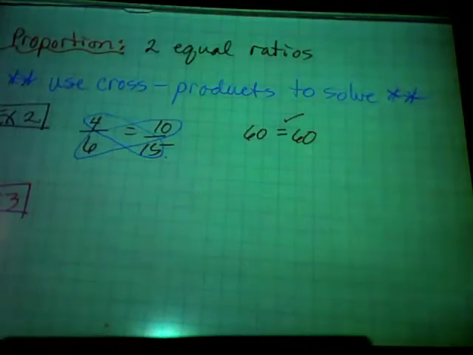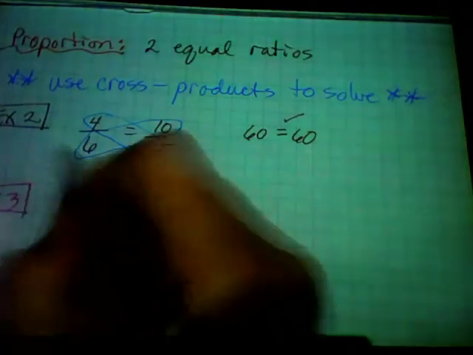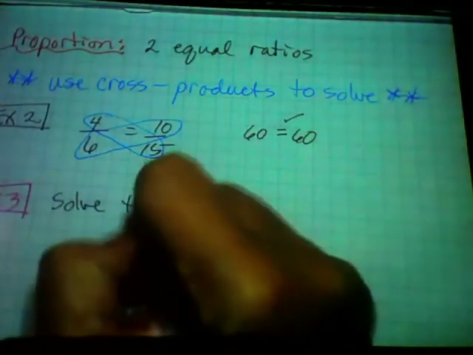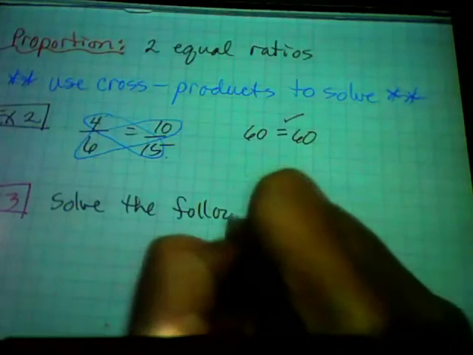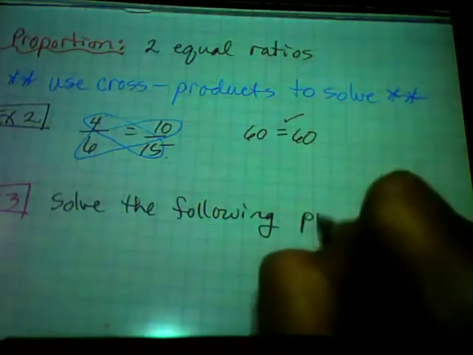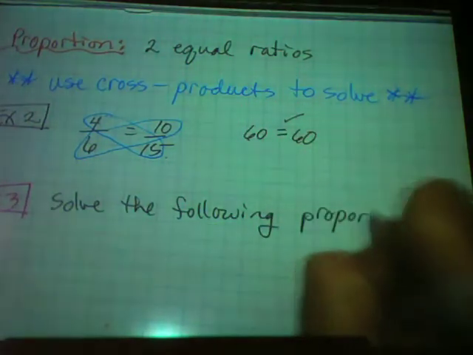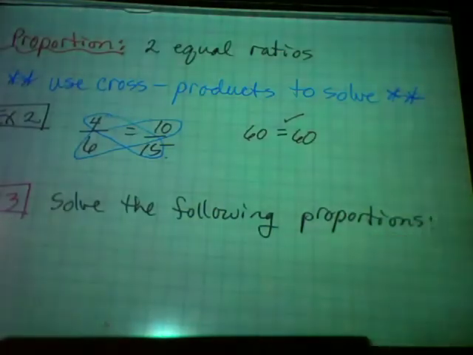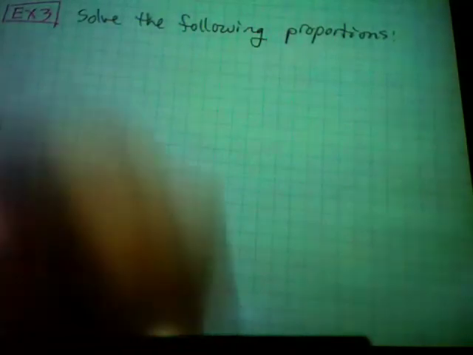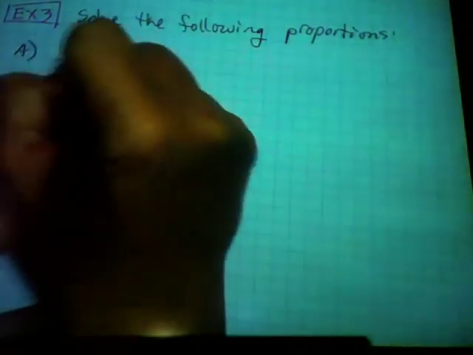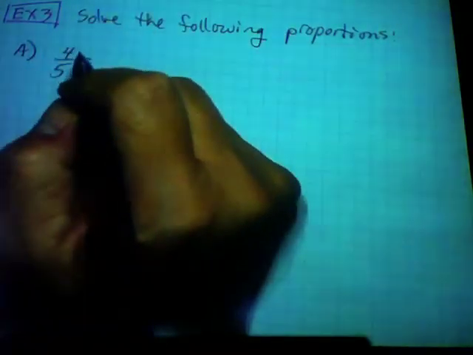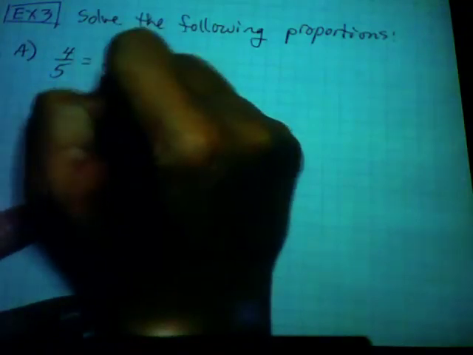All right, so we're going to solve the following proportions. All right, so A, we've got 4/5 is equal to x over 20.